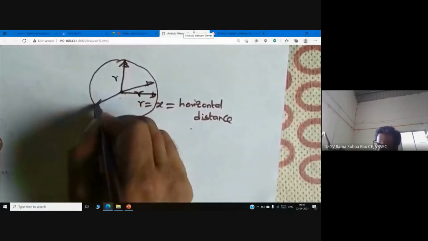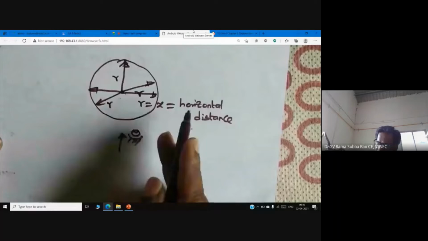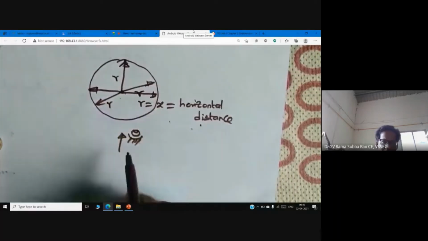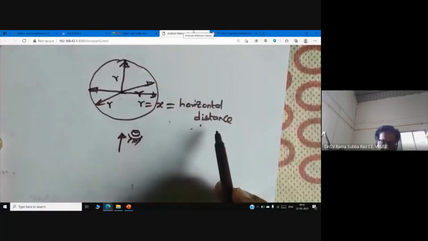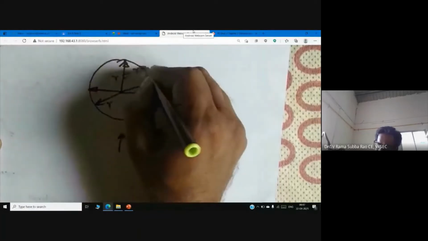When you observe like this, you think that r is horizontal distance, but strictly speaking, r means radial distance.